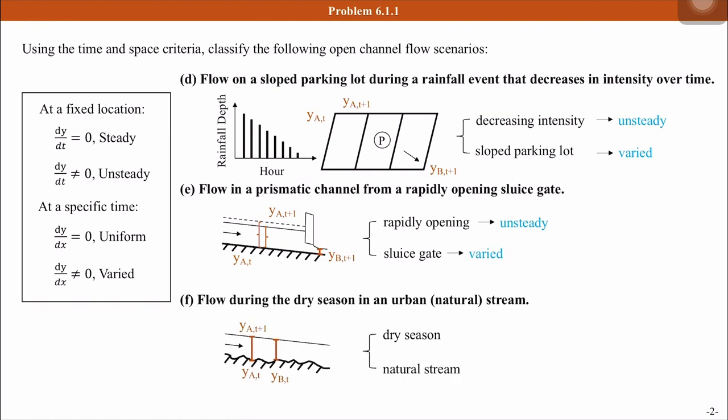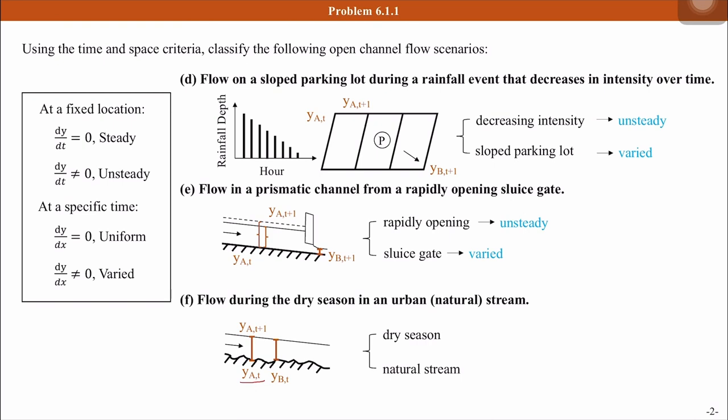Scenario F, flow during the dry season in an urban or natural stream. The dry season implies that there is no extra flow added into the stream. Therefore, the water elevation at a specific location doesn't change with time.